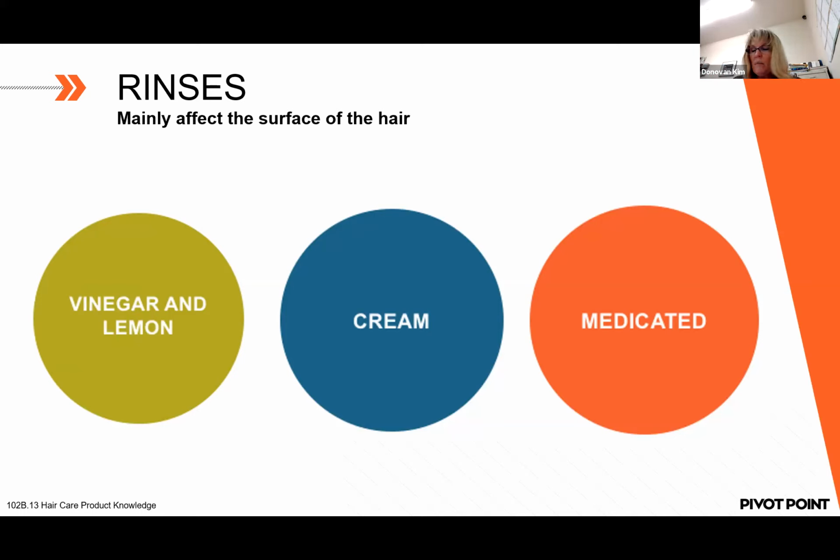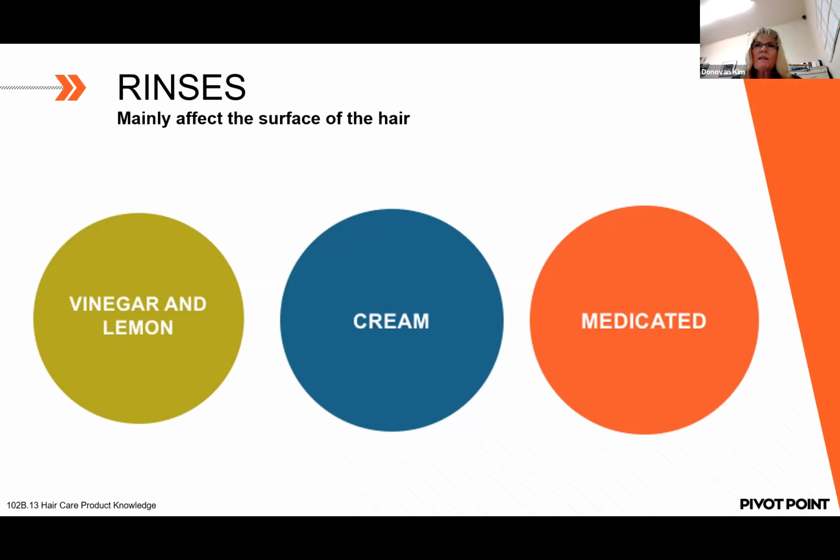Okay, acid rinses. That's another one that we have. After we do a chemical service, they have these post treatments that they make, and it's like a rinse.